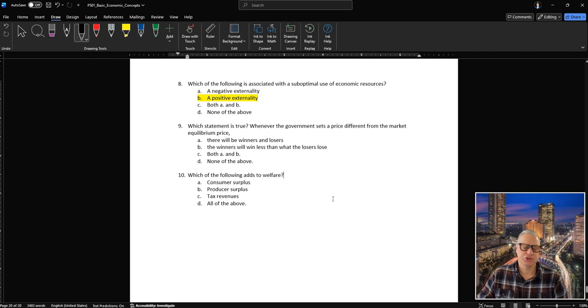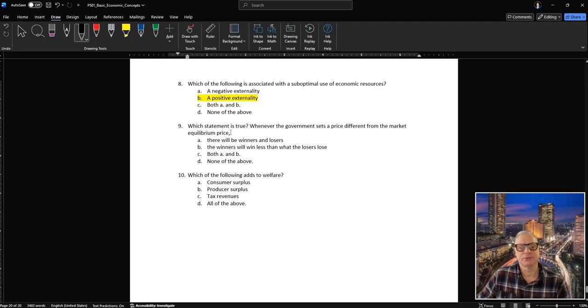Which statement is true? Whenever the government sets a price different from the market equilibrium price, there will be winners and losers. Yeah, most of the time that's true. If you remember, we had one example when actually the consumers didn't win. But yeah, most of the time there are winners and losers.